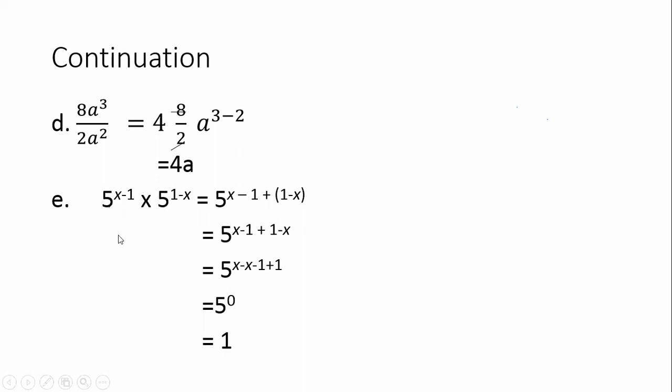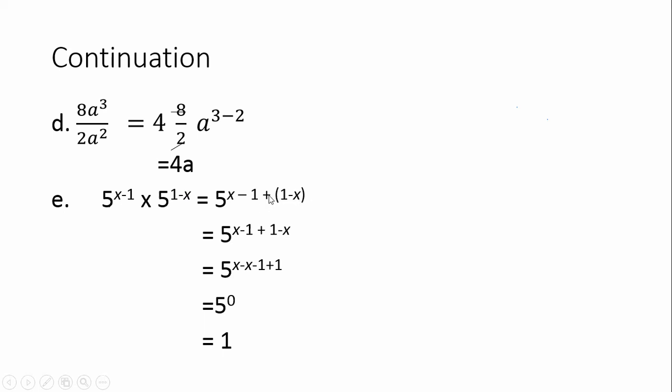Number E, 5 raised to the power x minus 1 plus 5 raised to the power 1 minus x. Then you still use the first law. So you have 5 raised to the power x minus 1 plus, from the law, 1 minus x.